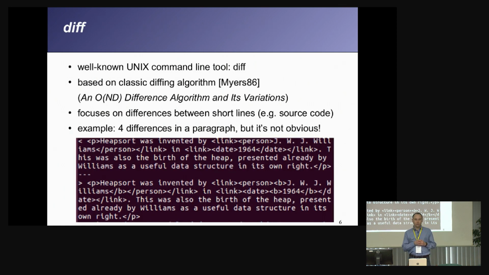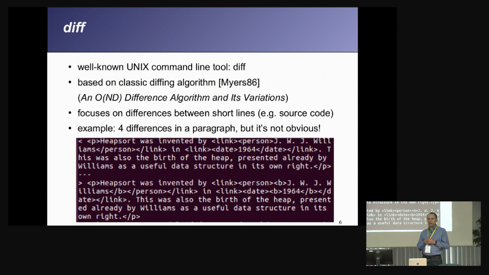So the first thing we tried was to see how diff could be useful for us. It's a well-known Unix command line tool, and it's based on the classic diffing algorithm, the Myers 86 algorithm. However, diff focuses on differences between short lines, for instance, source code, and it does a great job.